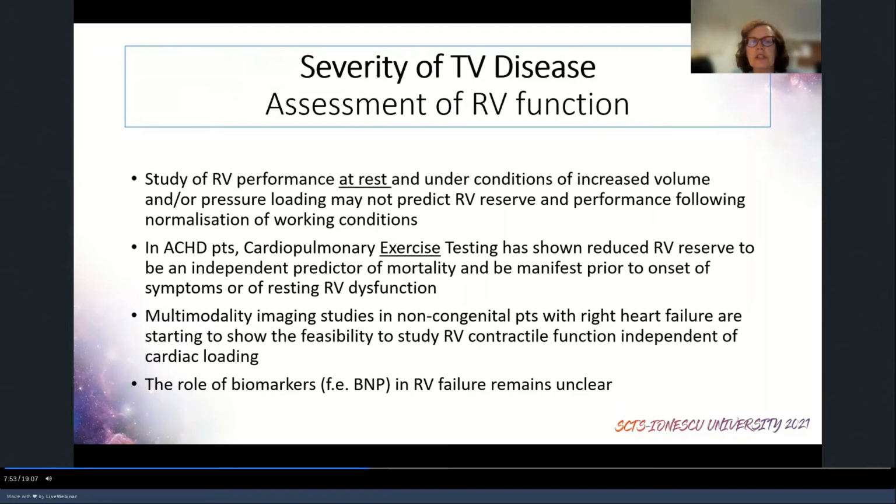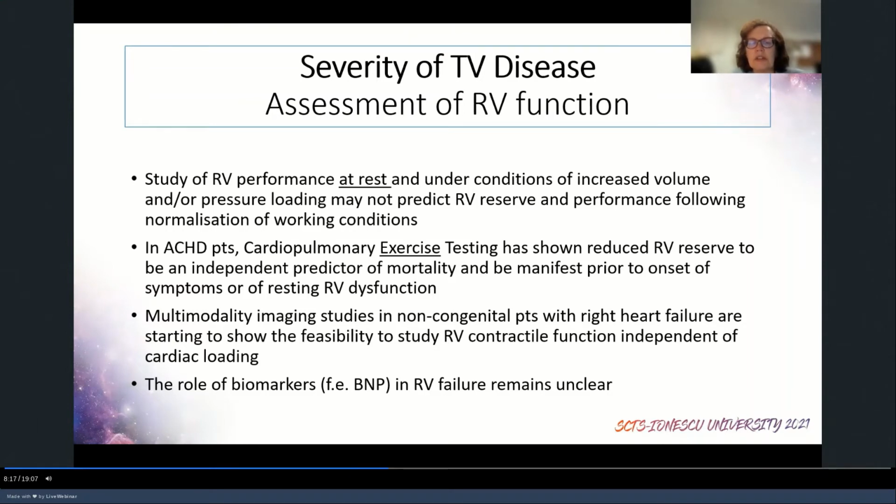So more recently, cardiopulmonary exercise testing has shown that reduced right ventricular reserve may be an independent predictor of mortality. And importantly, this can be present prior to the onset of symptoms or prior to the onset of resting right ventricular dysfunction.